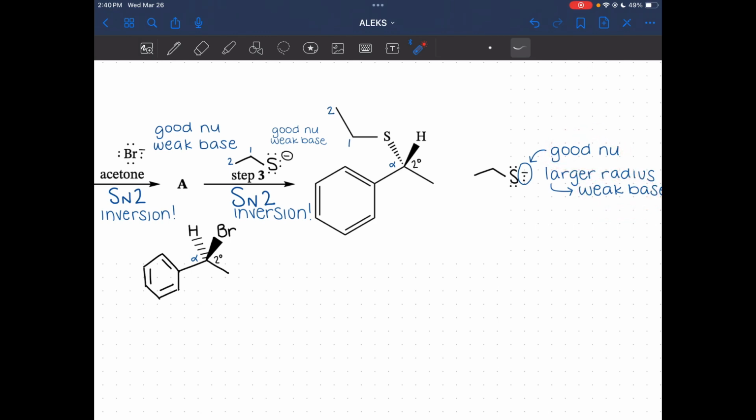Then I had to think back and say, okay, if I have this good nucleophile weak base paired with this molecule A here, that secondary electrophile, what exactly is going to happen? It would be SN2, and as a result, we would get inversion. And the fact that we see this inversion occur here at this stereo center further guarantees that we're in the right place. This must be our answer here.